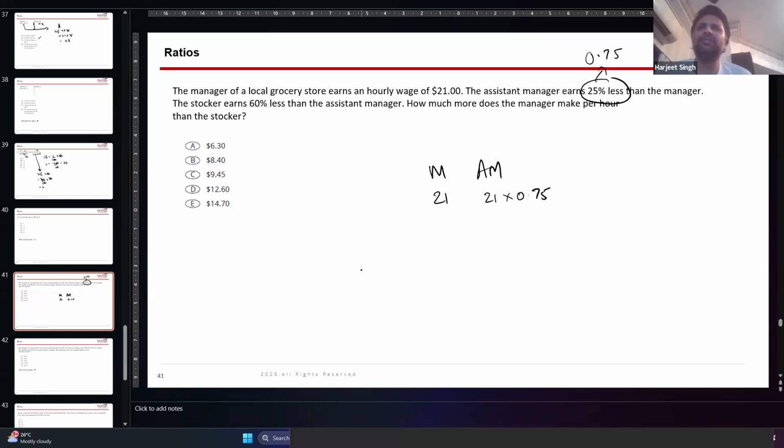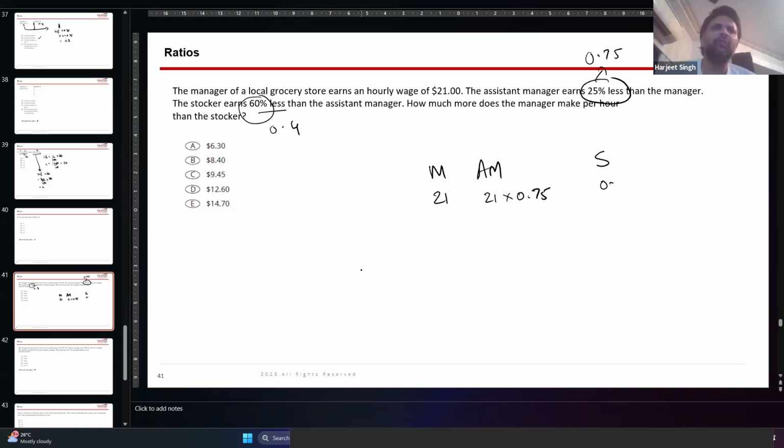So that's for the assistant manager. And the stocker earns 60% less than the assistant manager. What is 60% less? Can I say the factor becomes 0.4?